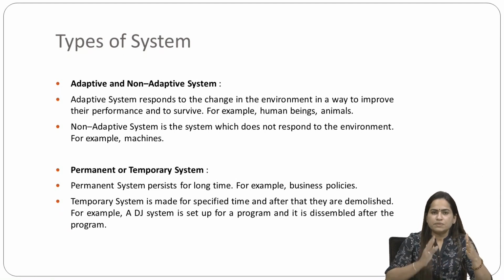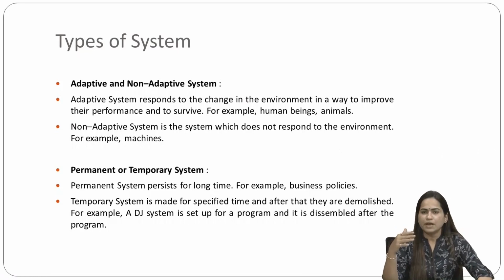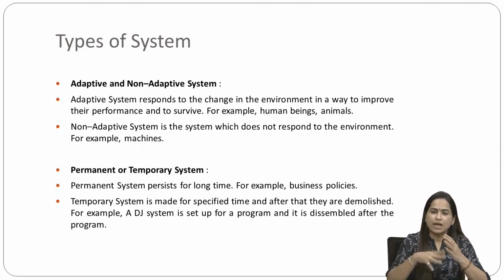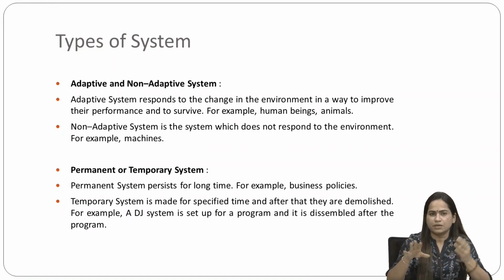An adaptive system gives responses to the changes it has through the interface with the environment, which will help to improve the performance. And a non-adaptive system is the system which does not respond to the environment. For example, machines.